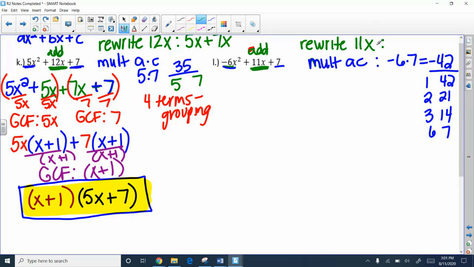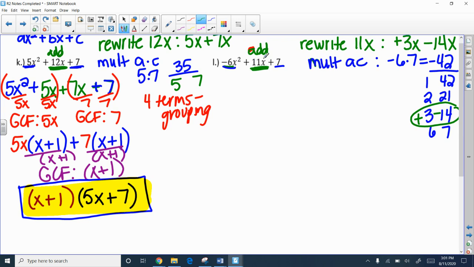And I'm trying to get two numbers that add up to 11. The two numbers that are going to work are 3 and 14. To add up to 11x, I need a +3 and a -14. So I'm going to rewrite 11x as +3x and -14x.